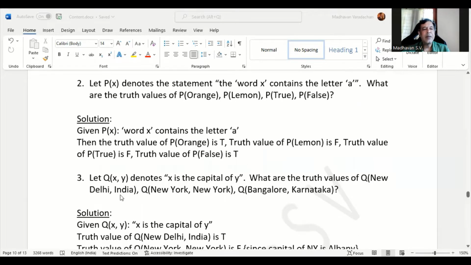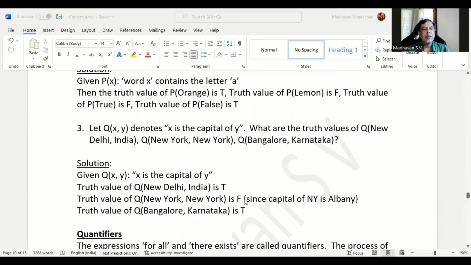Third example, let q of x comma y denote x is the capital of y. Now we have to find out what are the truth values of q of New Delhi comma India, q of New York comma New York, q of Bangalore comma Karnataka. So q of x comma y is defined as x is the capital of y.